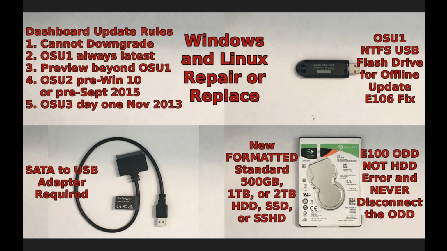And when you get to the part of doing the OSU1 offline update, the error can go away, but that doesn't always seem to be the case. But just keep that in mind. As long as you get an error that's not an E100, you're still in pretty good shape, and it's most likely referring to hard drive issues.